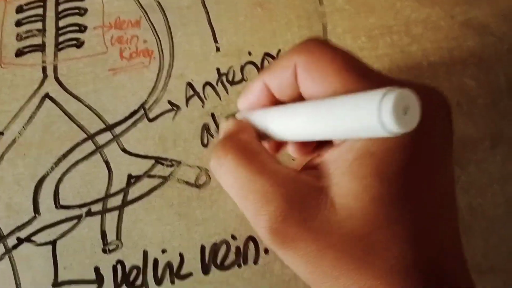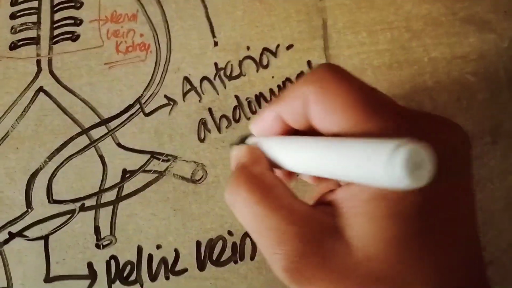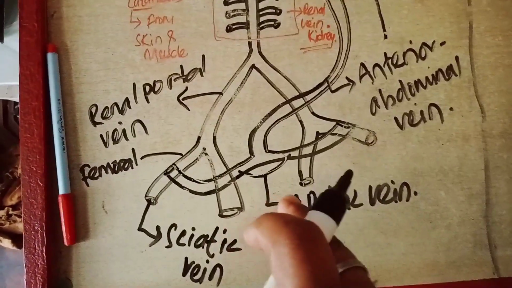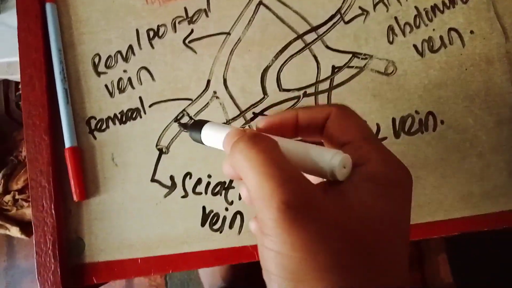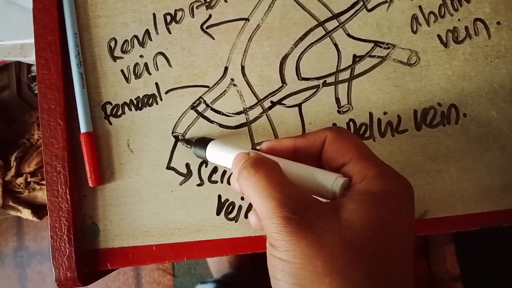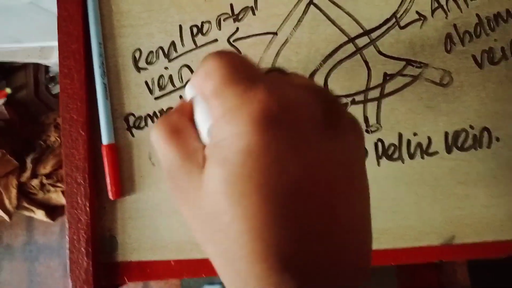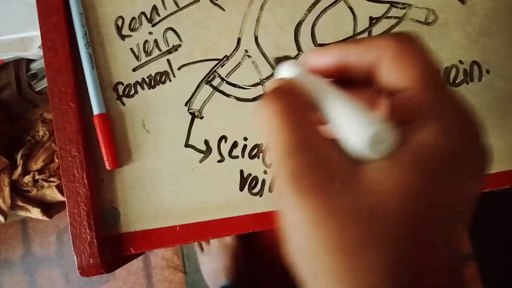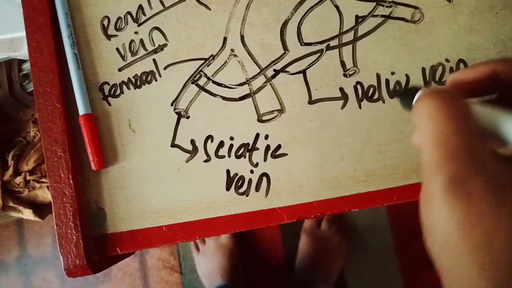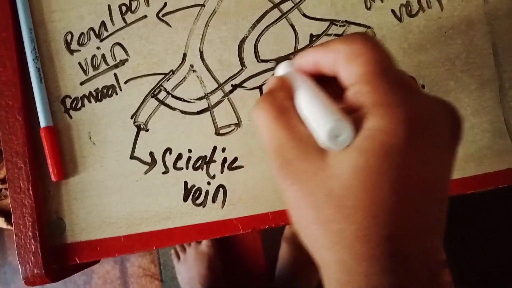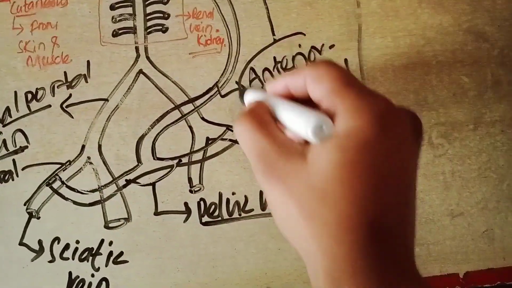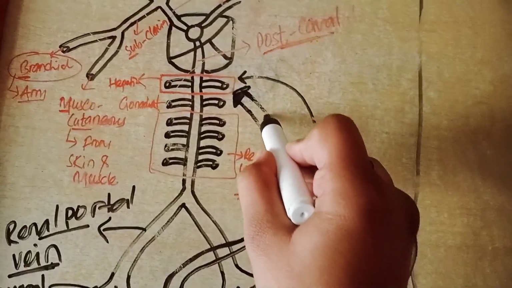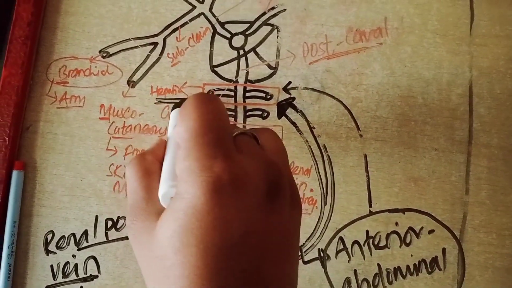Anterior abdominal vein. So in portal system, these femoral and sciatic combinedly form renal portal vein, and the branches of femoral are called pelvic vein, and these two pelvic veins unite to form anterior abdominal vein, which drains blood to the liver.